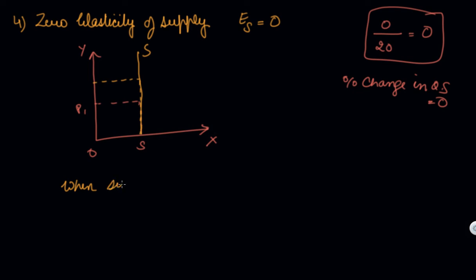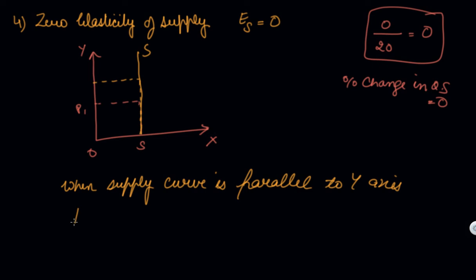So your supply curve is parallel to your y-axis. When the supply curve is parallel to the y-axis, the elasticity of supply is equal to 0. It refers to the vertical straight line of the supply curve showing constant supply no matter what the price is, right?